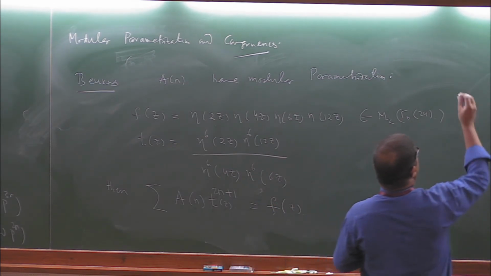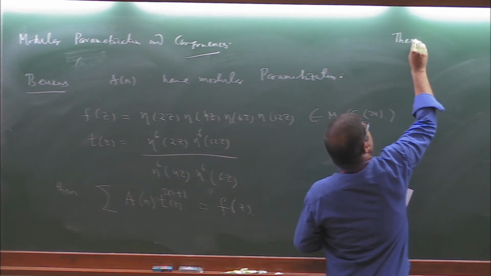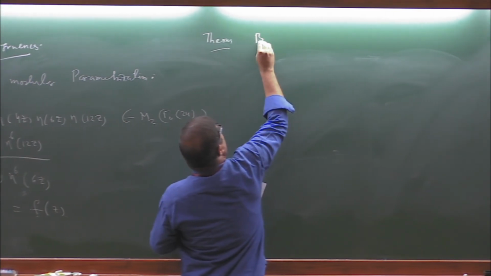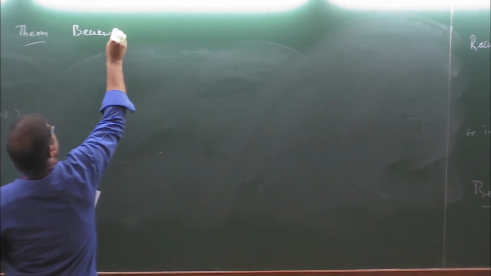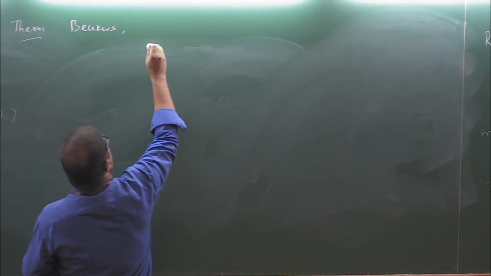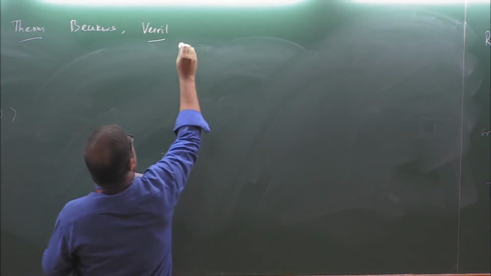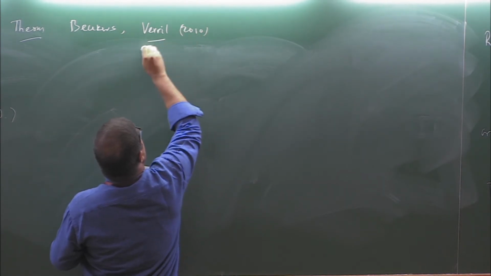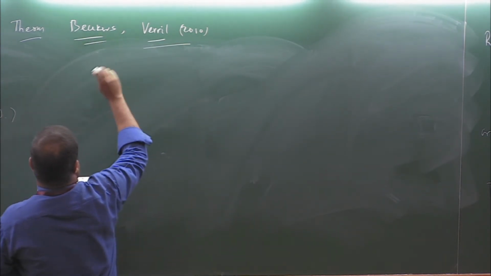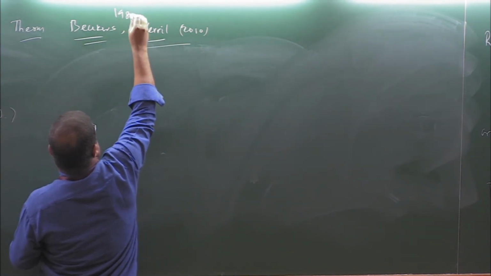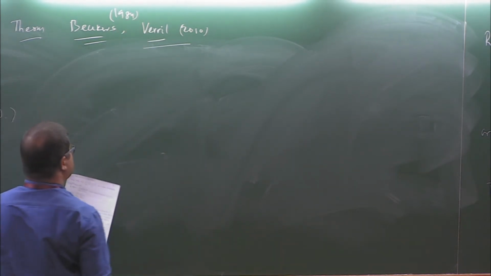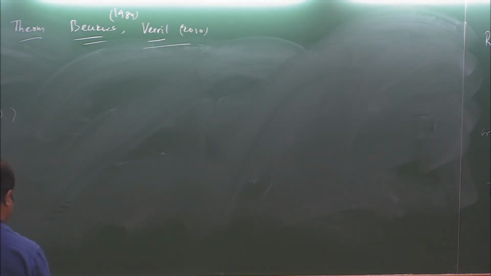Let me write a theorem that comes from Beukers' work. It was also later proved by Verrill in 2010, a simpler version of Beukers' 1980s paper on this modular congruence. So let me write the theorem with which we can prove this modular congruence.